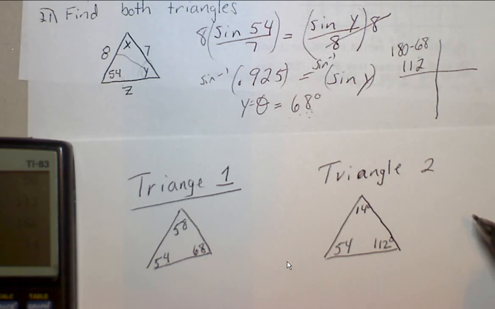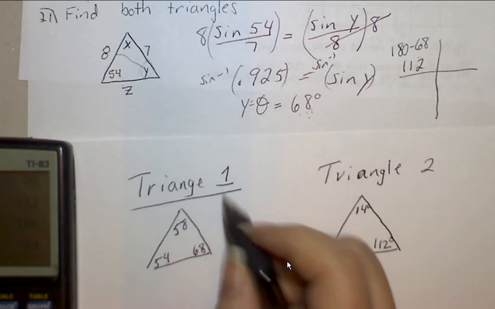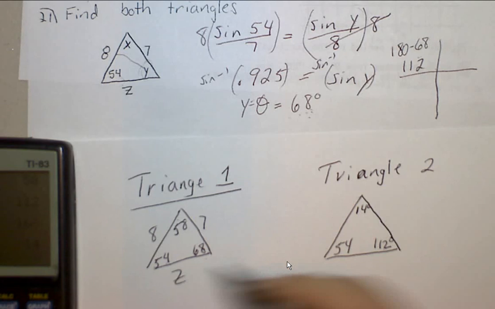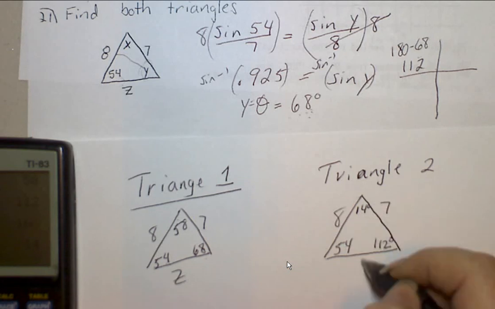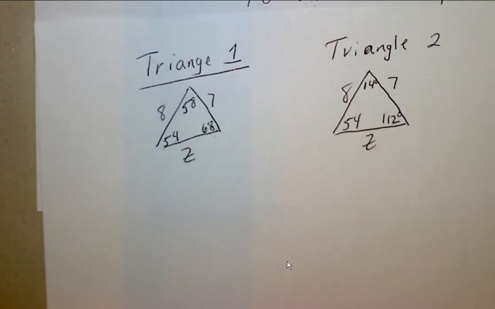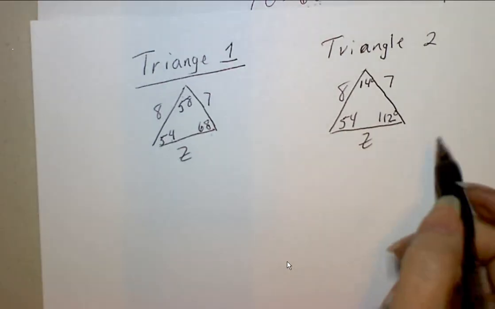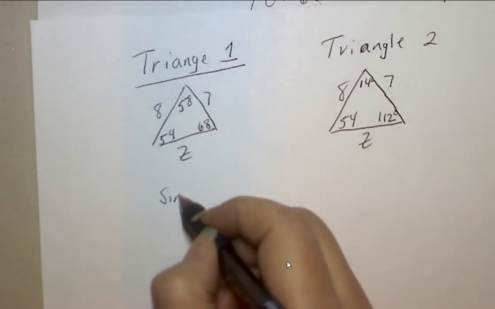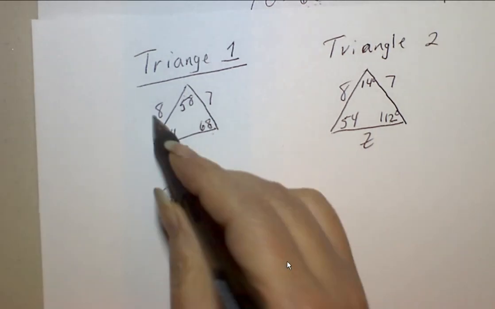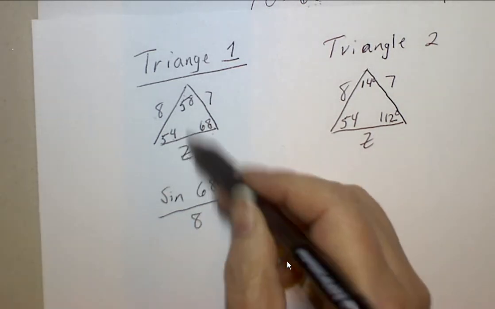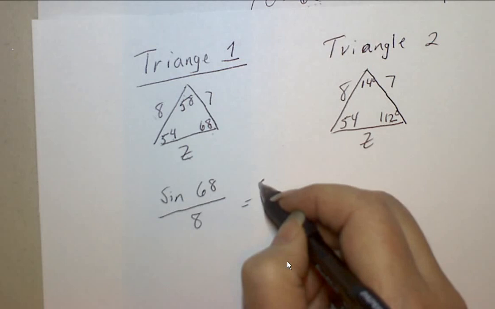Then what we have left is to have our 8, our 7, and then we still have to find z on each one. So we have sine of 68 over 8 is equal to, we need to use this one, sine of 58 over z.